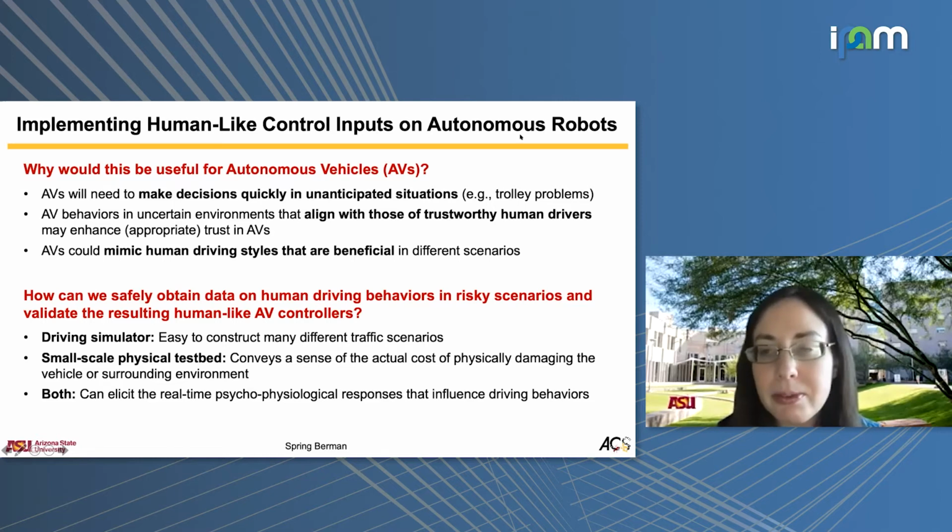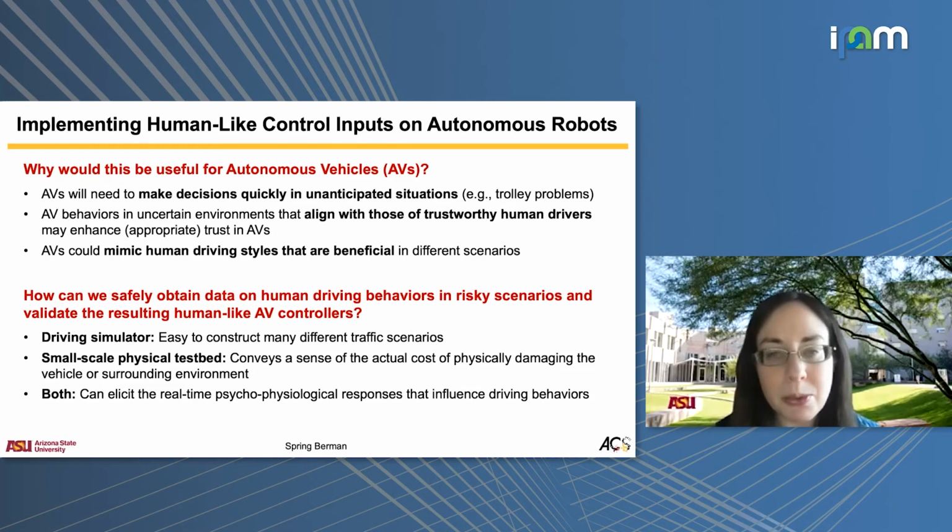But there's another factor which we hadn't considered in the previous applications, which is the constraints that arise from human behaviors when driving. So if we are going to deploy autonomous vehicles on the roads, it will be useful to implement human-like control inputs that replicate driver behaviors.